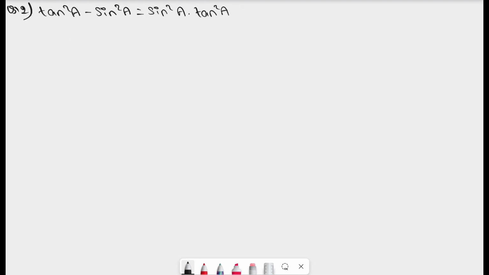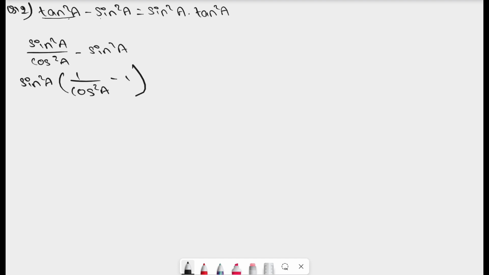So here also take the LHS value in question number 12, which is tan square A minus sin square A. Replace this tan with sin and cos. So this tan square can be written as sin square A by cos square A minus sin square A. From these two terms, we can take out sin square A as common. So if we take out sin square A as common, we'll get 1 by cos square A minus 1. Now simplify the terms inside the bracket by taking the LCM.